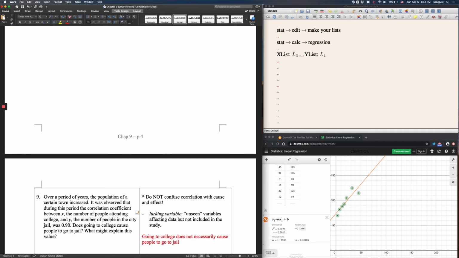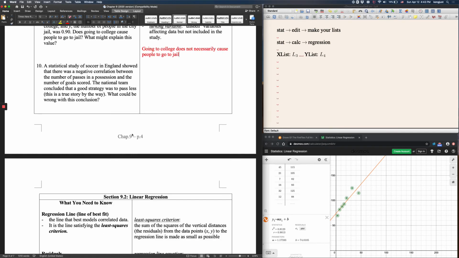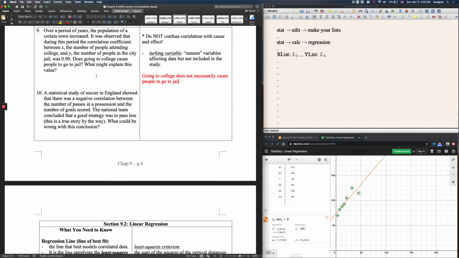And you might think of some other reasons why the increase in college attendance might have caused people to go to jail. But just one example is that the population itself increased.